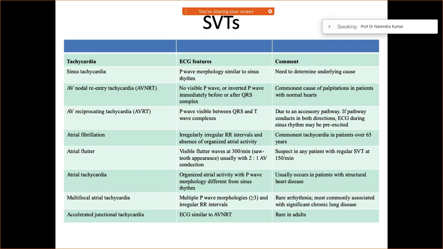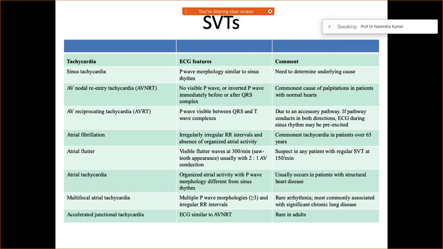For example, if there is a sinus tachycardia patient, always try to see what is the cause for that. Then comes AVNRT, a very common cause of tachycardia. In that, you can think of a calcium channel blocker or even a beta blocker.